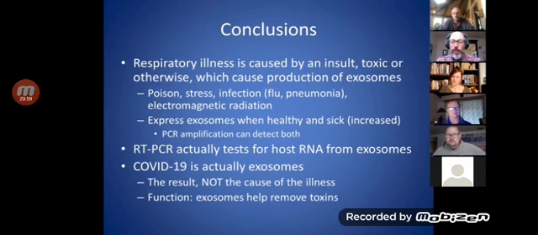So let me just reiterate that. So there is some sort of insult or toxin that you're exposed to. It causes illness, and then that stimulates your own cells to induce and produce and put out these exosomes, because they will send the important signal to your body on how to handle this problem.